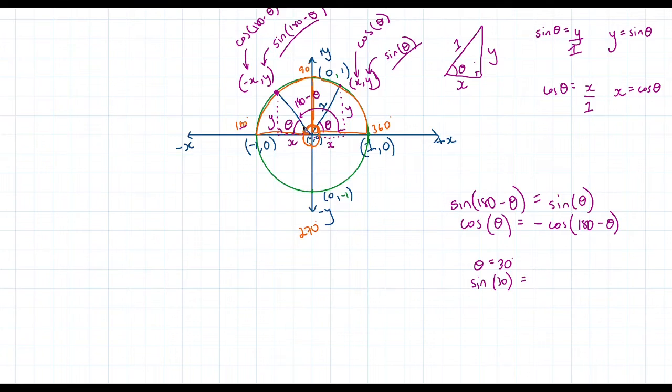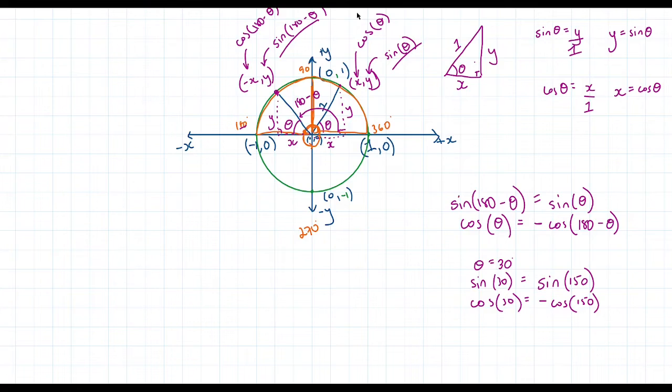Now, if I drew another line here and this was 30, that means that angle will be 180 minus 30, which is 150, and sine 30 is the same as sine 150. And we can also say that cos of 30 is the same as negative cos of 150, because cos 150 will give us a negative answer, and the negative of the negative will give us the positive x value.